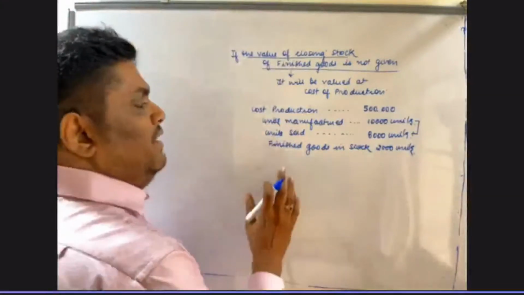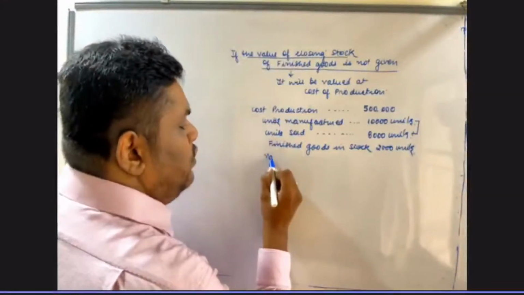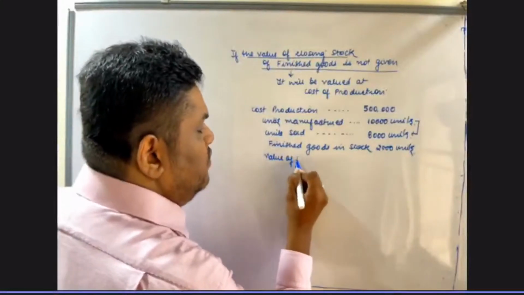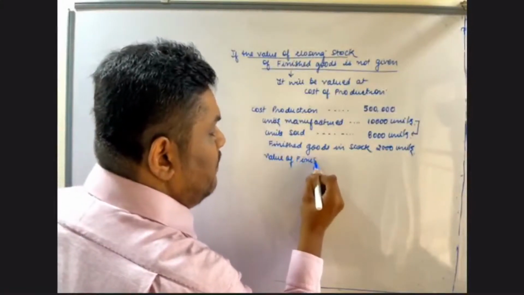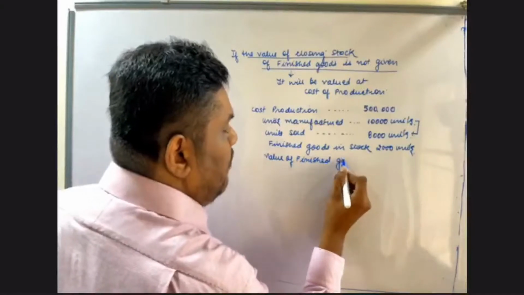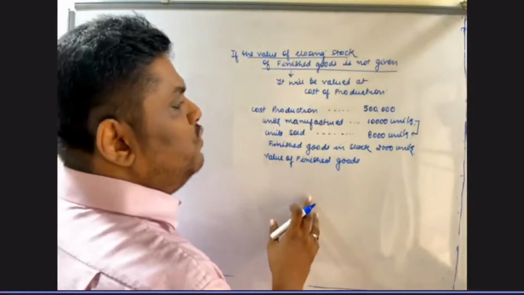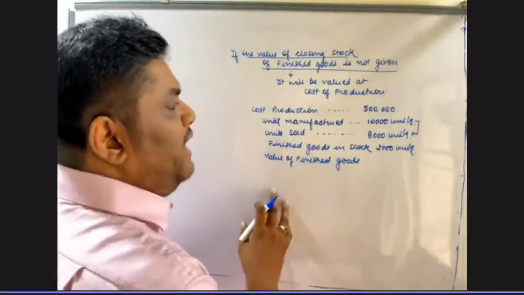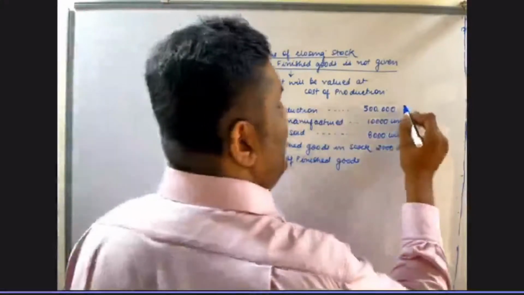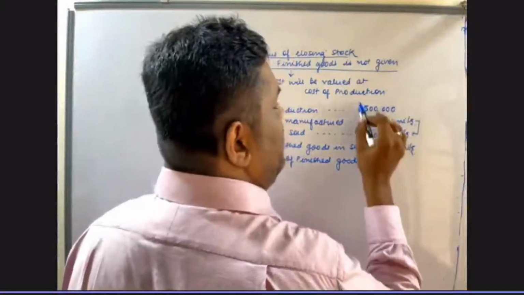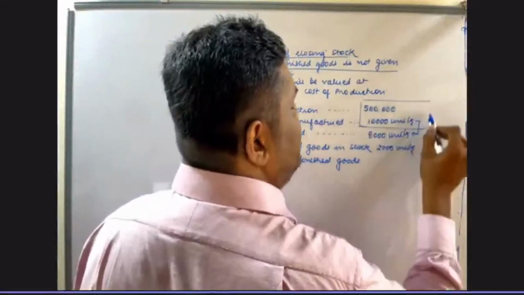Now how to calculate the value of finished goods? As I told you guys, the finished goods are to be valued at cost of production. My cost of production is 5 lakh rupees and the units manufactured are 10,000.